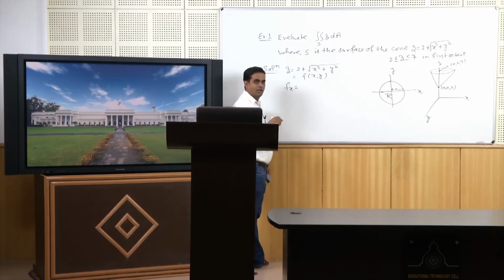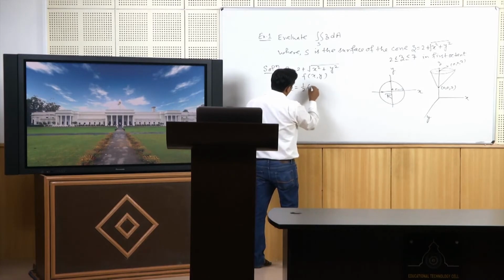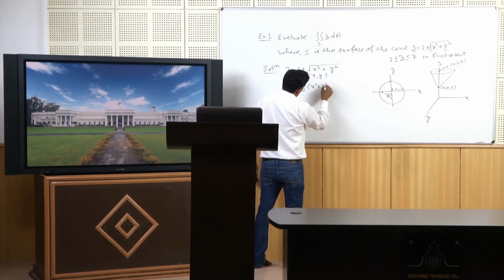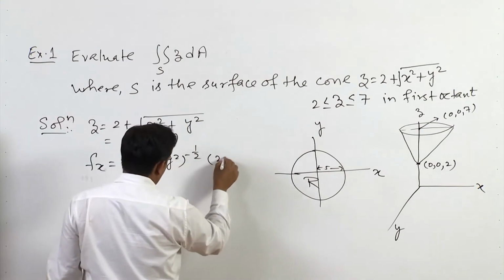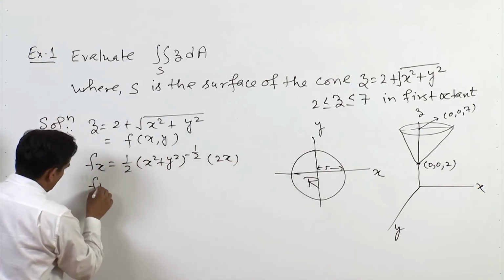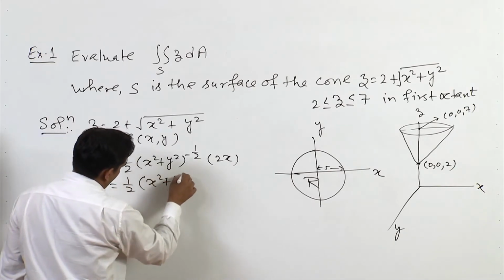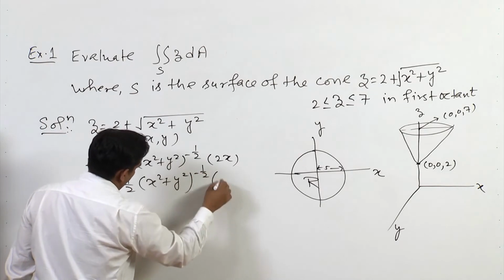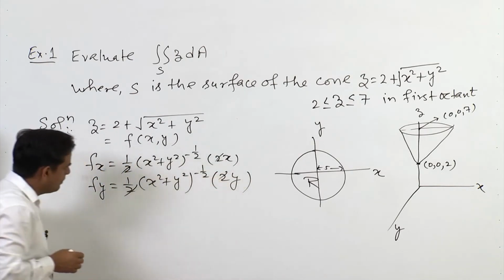fx. Okay. So, fx is 0 plus 1 by 2 into x square plus y square raised to power minus half into 2x. Similarly, I will get fy: 1 by 2 into x square plus y square raised to power minus half into 2y. Okay, so, these two will be cancelled out.